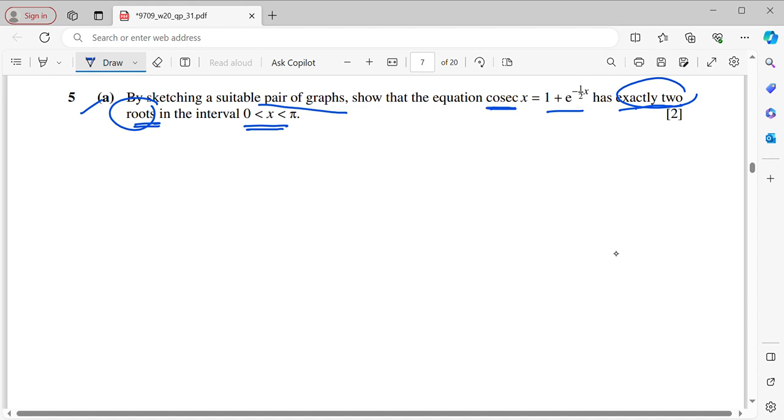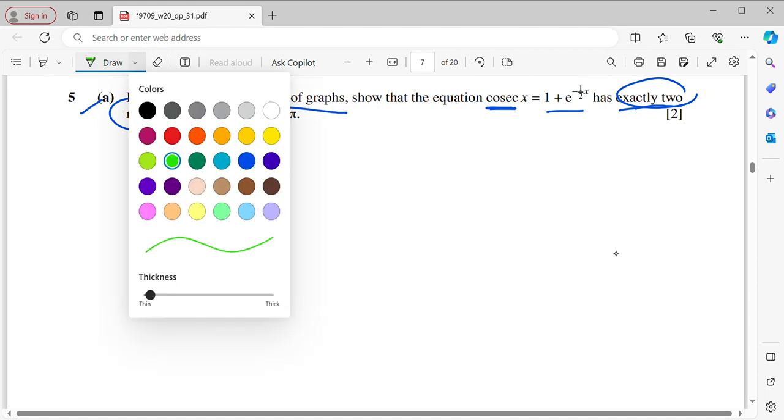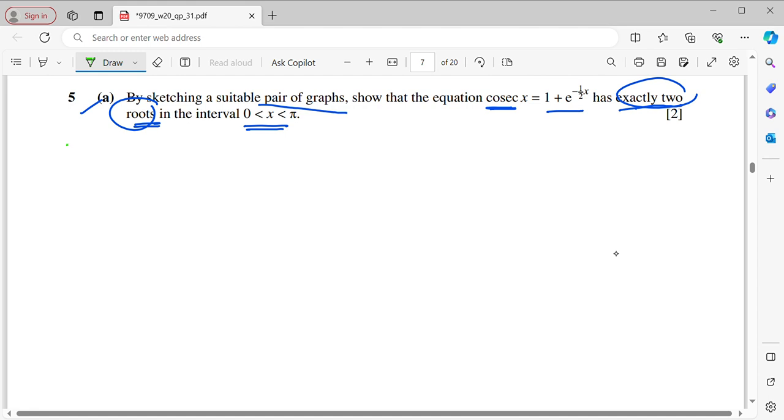Before we sketch the cosec x, for your information, cosec x is basically 1 over sine x. So when I sketch sine x from 0 to pi, this is my sine x.